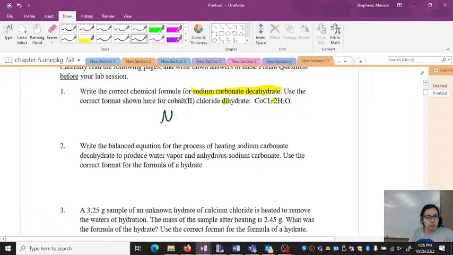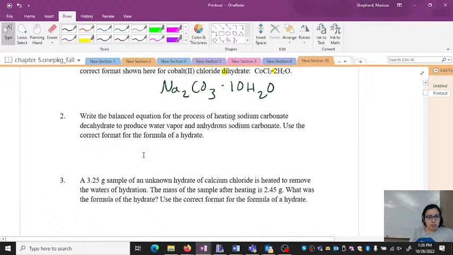Na2CO3 times 10H2O. So just like that. That looks good. So that's the first step. And now it's trying to walk you through the process, just like you'll be doing in lab. You'll have some hydrated salt, you'll heat it up and make the anhydrous version. So now we want to write the equation.